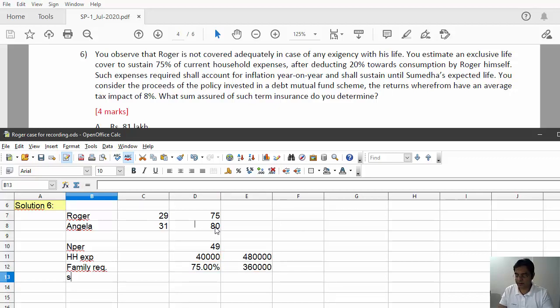And further, the self consumption, that is Roger's consumption, is 20%. So we have to exclude 20% from 3,60,000. Let me put the formula, which is 3,60,000 into 1 minus 20%, and it comes to 2,88,000.